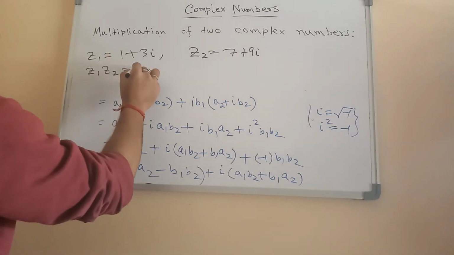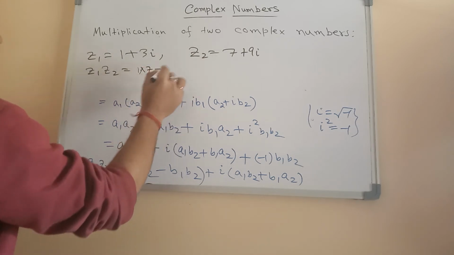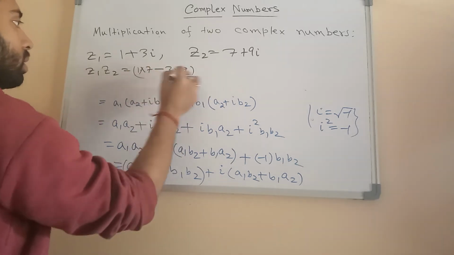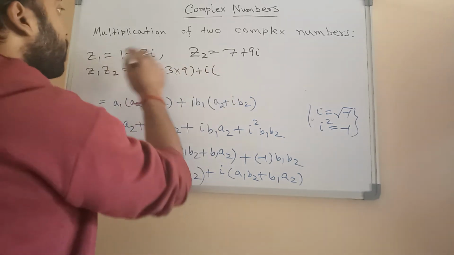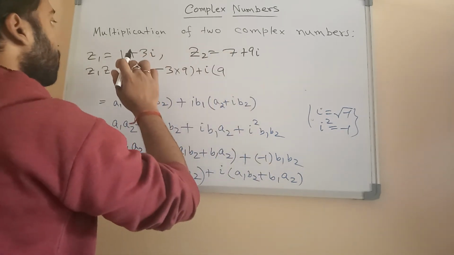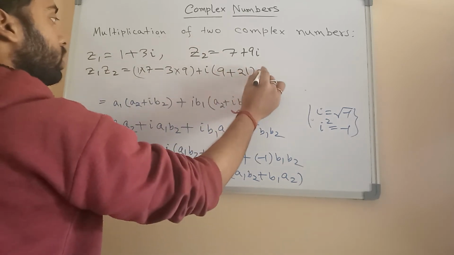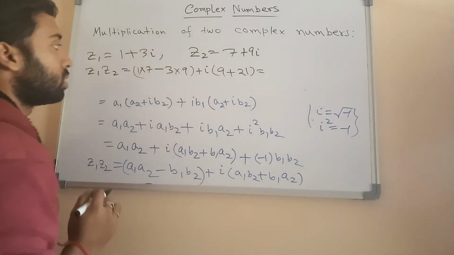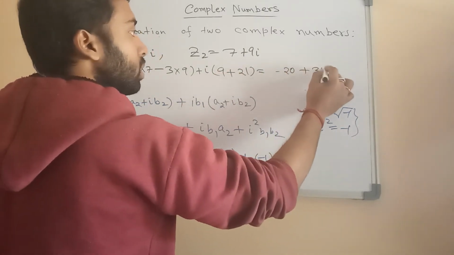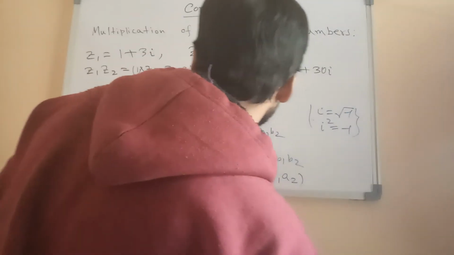That is a1 is 1, a2 is minus 7, b1 is 3, b2 is 9. So a1 a2 minus b1 b2 is minus 7 minus 27, that is minus 34, plus i into a1 b2 plus b1 a2, that is 9 minus 21.